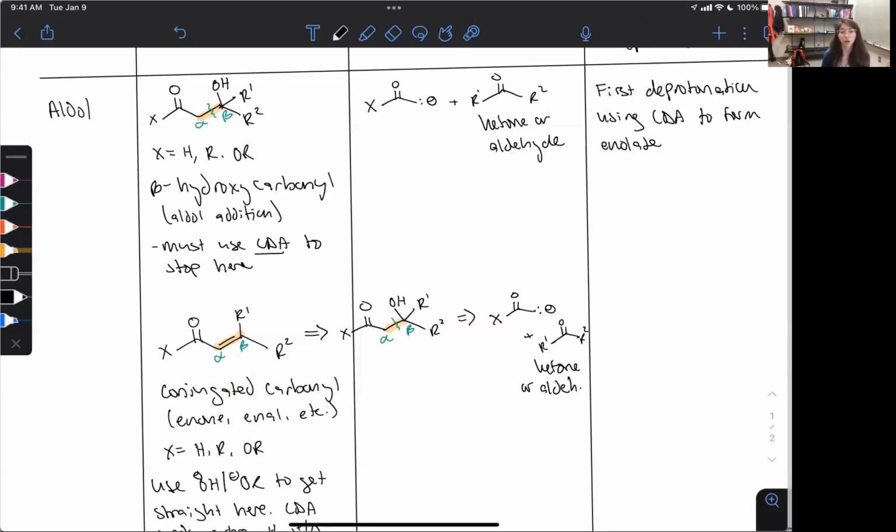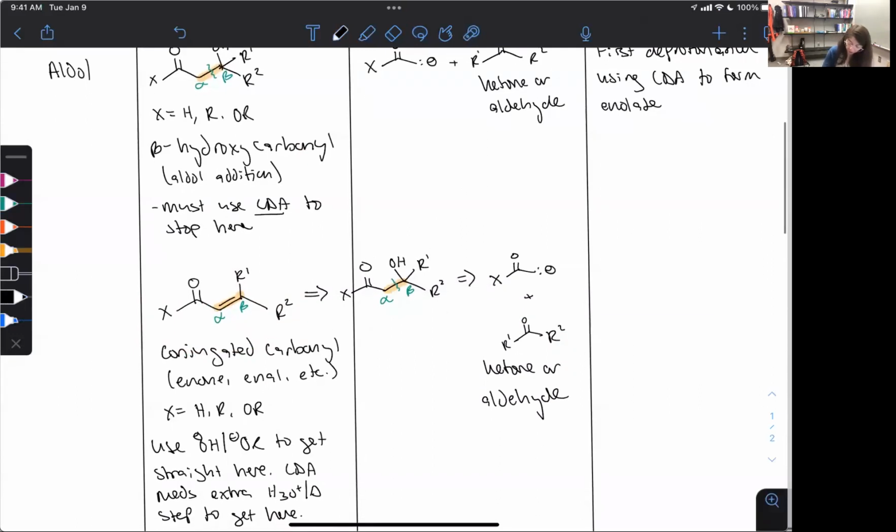Actually, I might as well just not make this all cramped because I have plenty of space. So for the irreversible step, that's going to be the formation of the final conjugated system.